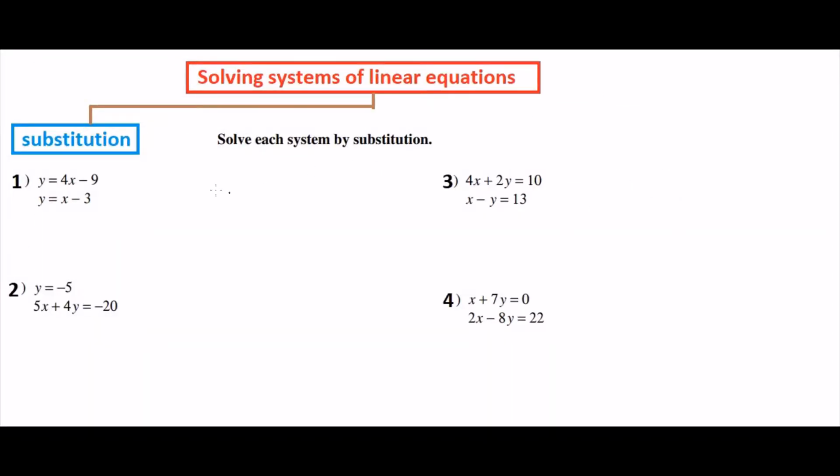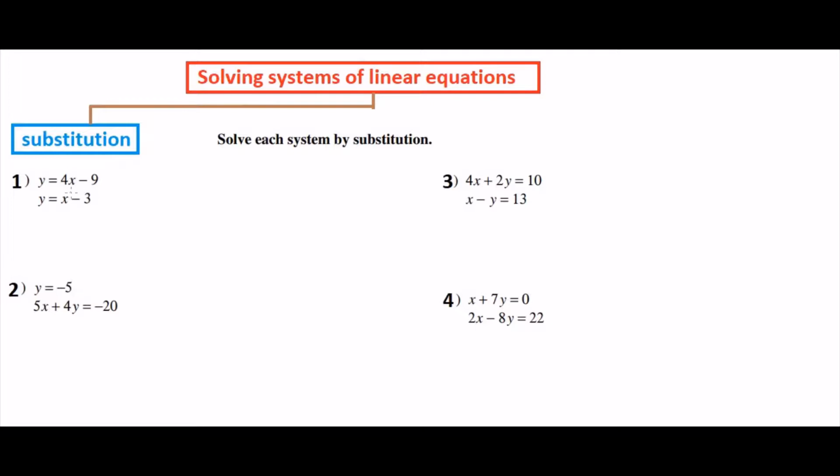Let's continue substitution method examples. Question number 1. y equals 4x minus 9, y equals x minus 3. In this problem, we will pick one of the equations, whether the first one or the second one, and plug in the y value into the other one.